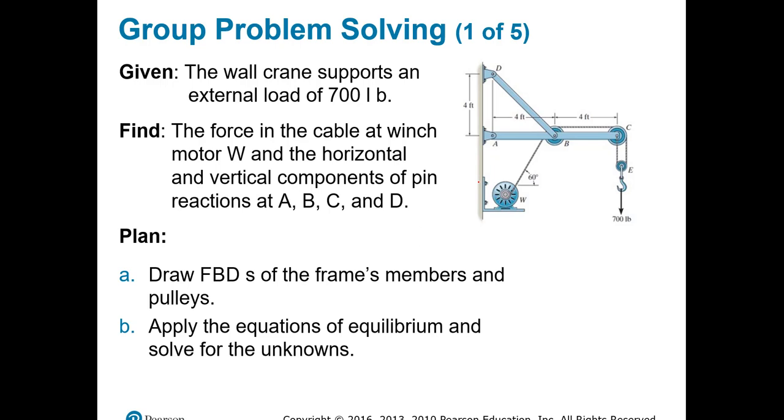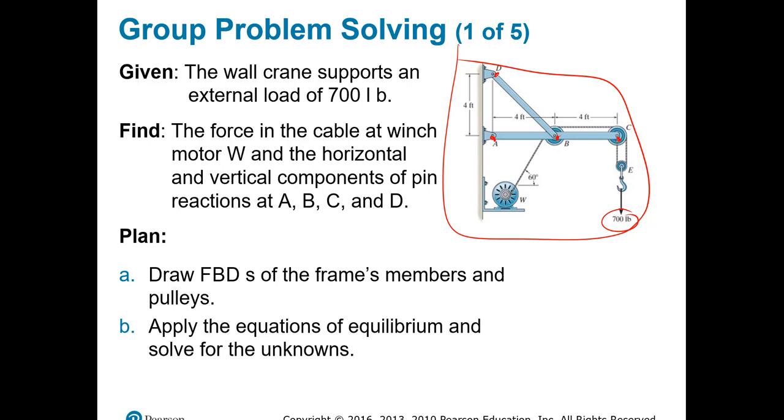So you have a whole system right here, and the wall crane supports an external load of 700. That's your first hint. We need to calculate the force in the cable and also the horizontal and vertical components of pin reactions at A, B, C, and D.